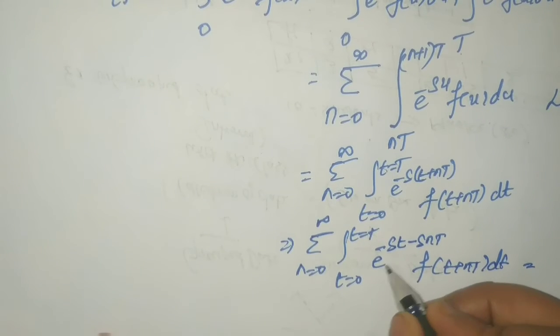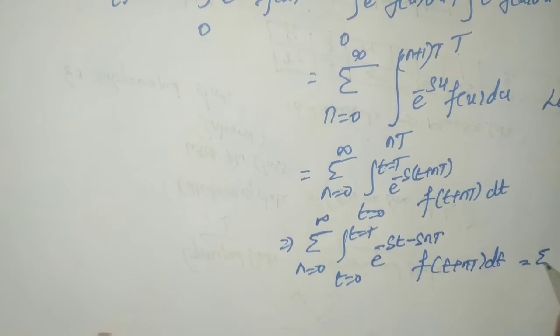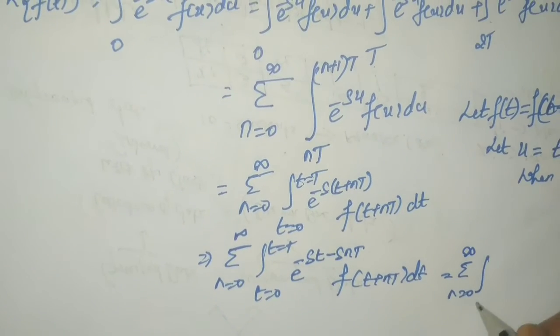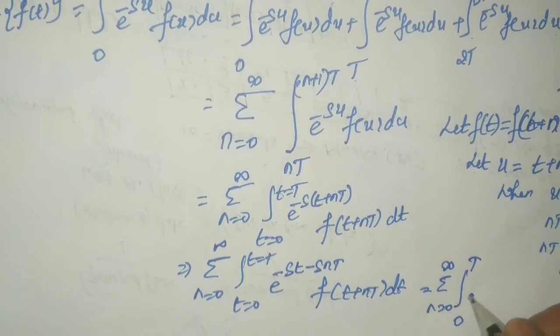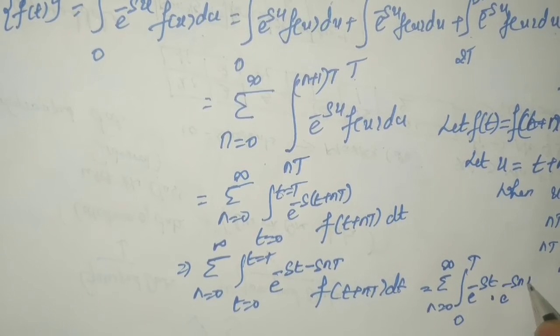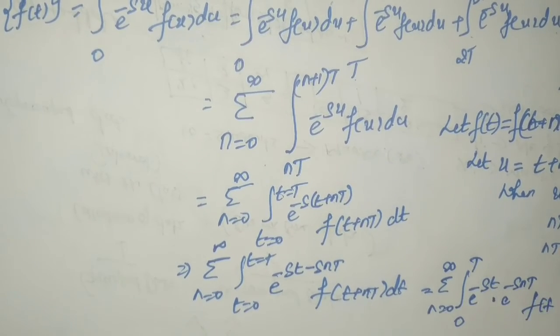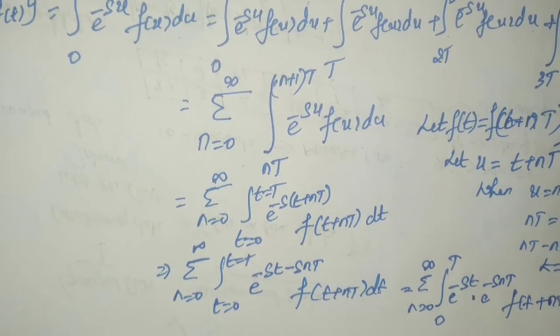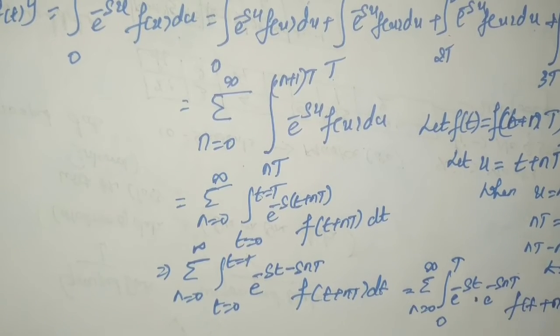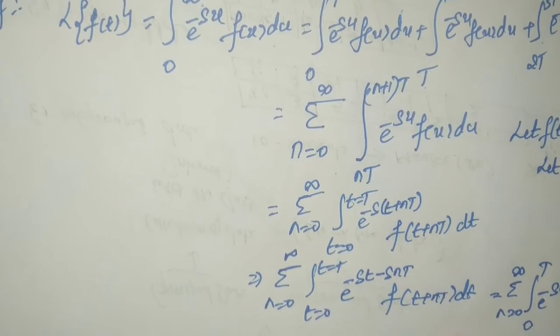I can segregate the powers. So summation n is equal to 0 to infinity, integral 0 to T, e power minus st into e power minus snT, f of (t plus nT) into dt. This term is completely independent of t, which I can take out.